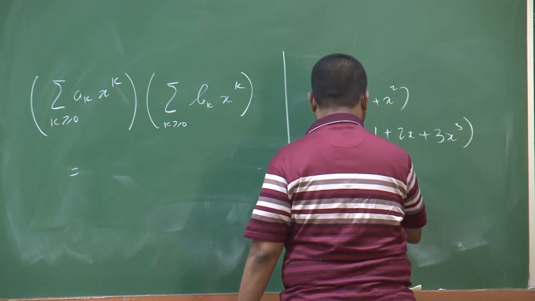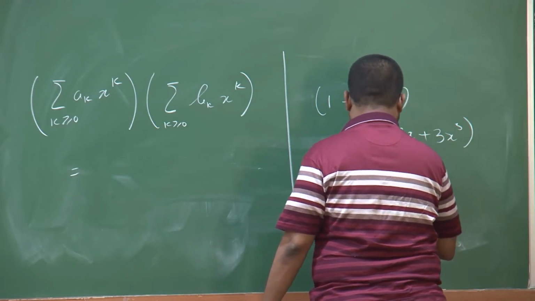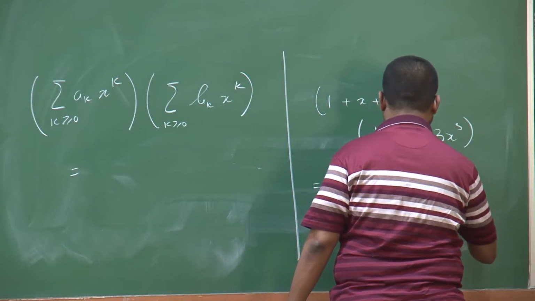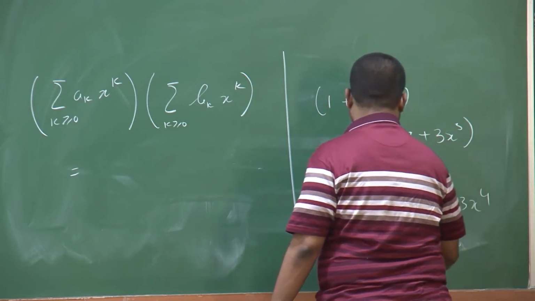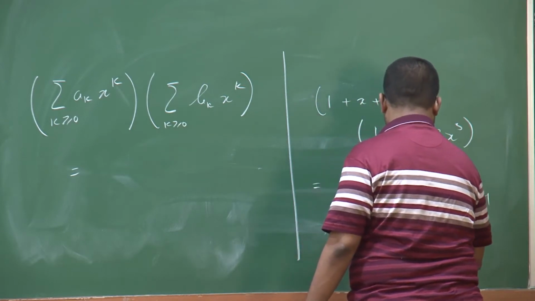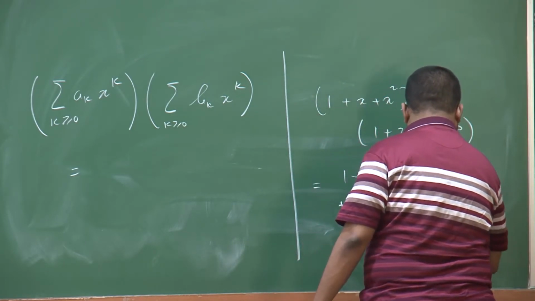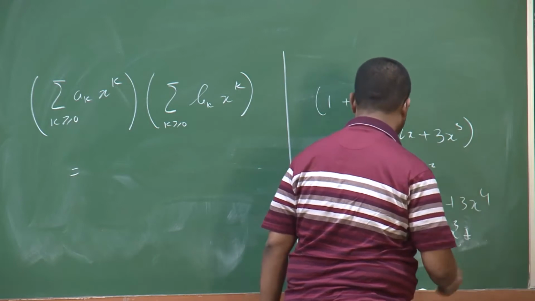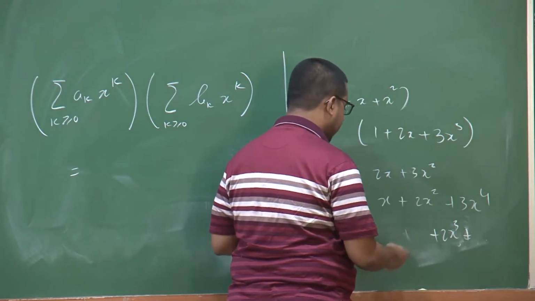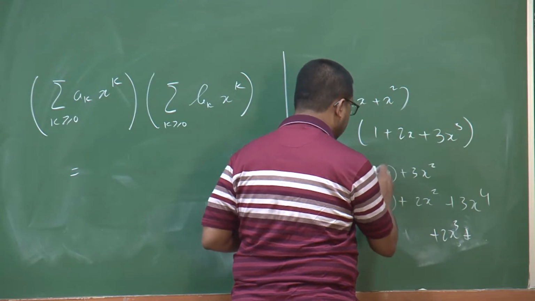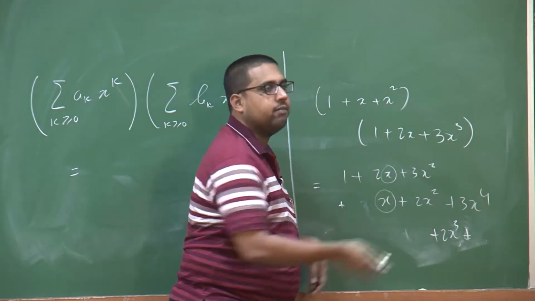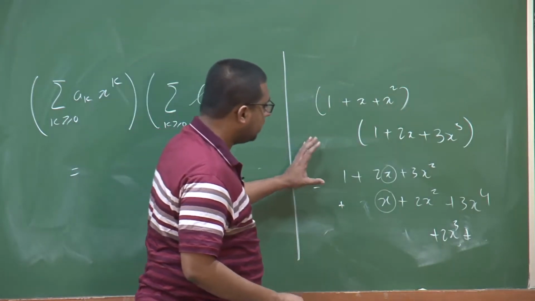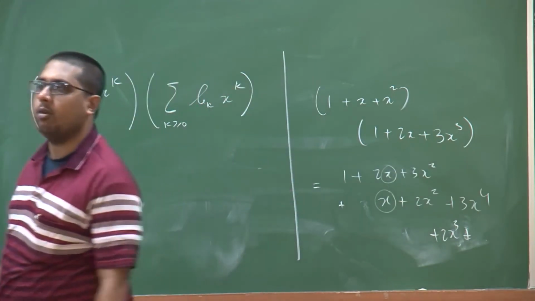For example, here it will be 1 plus 2x plus 3x cubed, then we will have x plus 2x squared plus 3x to the power 4, and then furthermore we have 2x cubed. The point is that after the multiplication, for this monomial x we have precisely 2 terms. Now we will add their coefficients. So this is how we have learned to multiply polynomials.